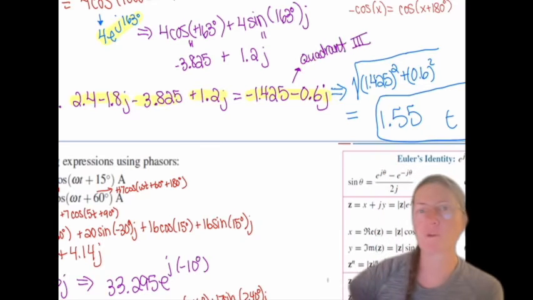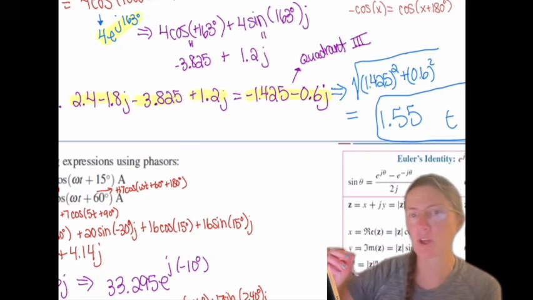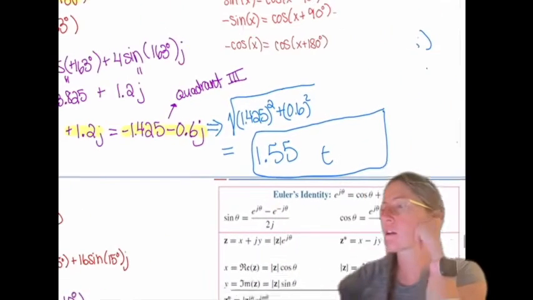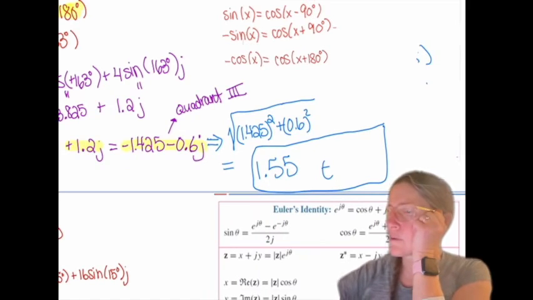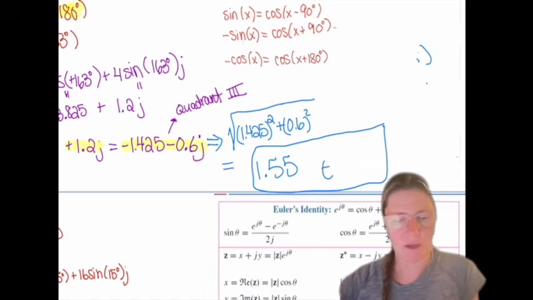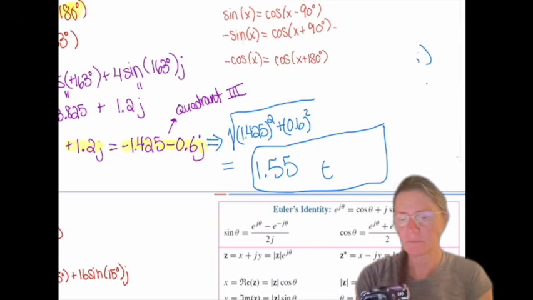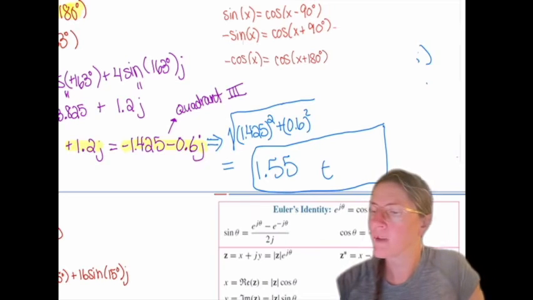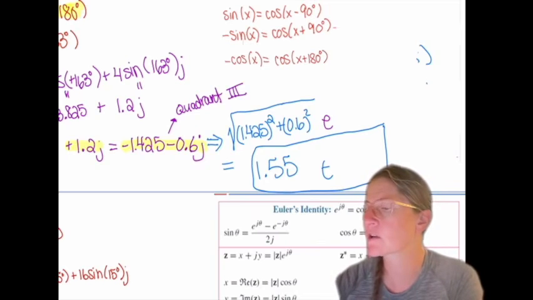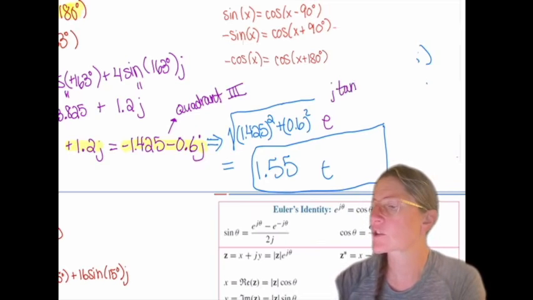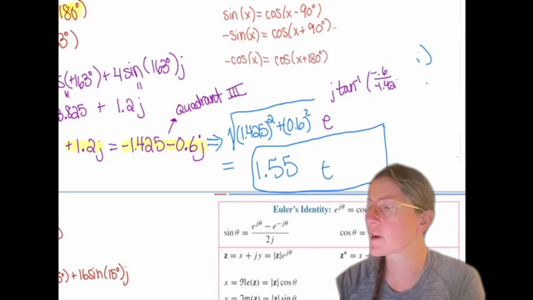So remember, when you do quadrant 3, sometimes in your calculator you'll get a positive number, but then you need to add in the 180 degrees to that in quadrant 3. So this then becomes the square root of 1.425 squared plus 0.6 squared, e^(j inverse tangent of minus 0.6 over minus 1.425).